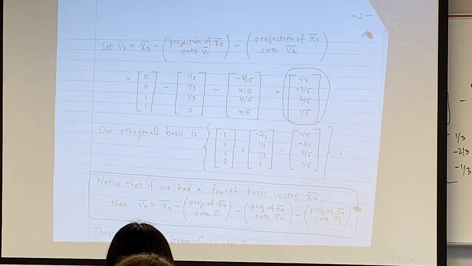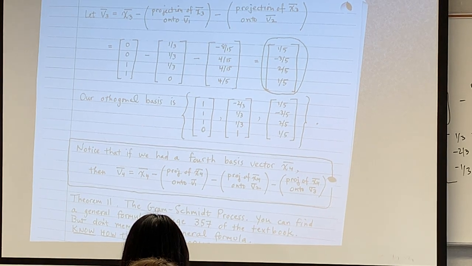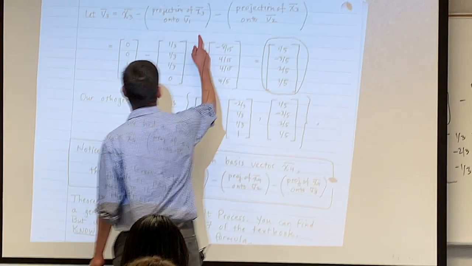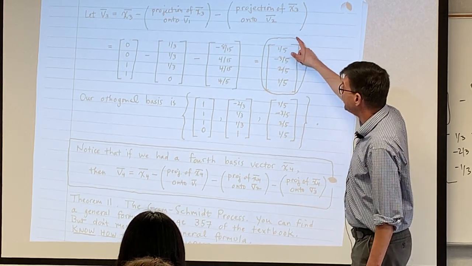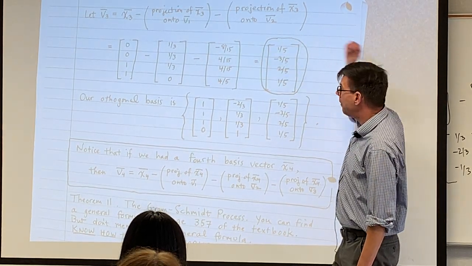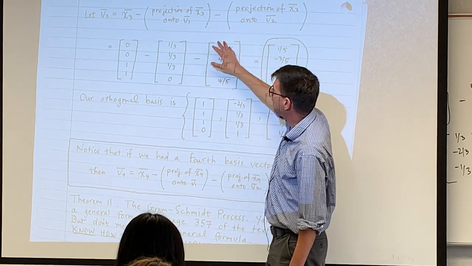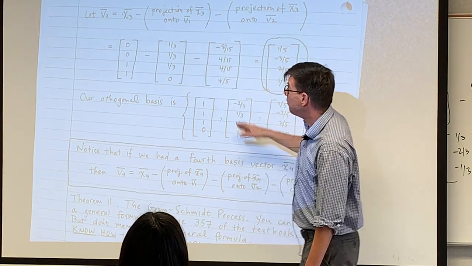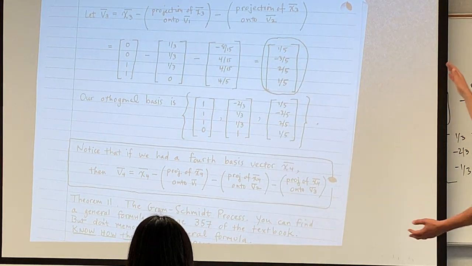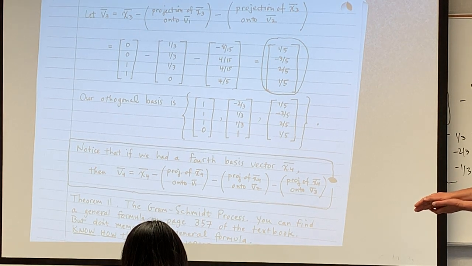And now this is a little bit different, but I'm going to take x3 minus the projection of x3 onto v1 and the projection of x3 onto v2. Actually, if I add those two together, I'm really looking at the projection onto the subspace spanned by v1 and v2, right?